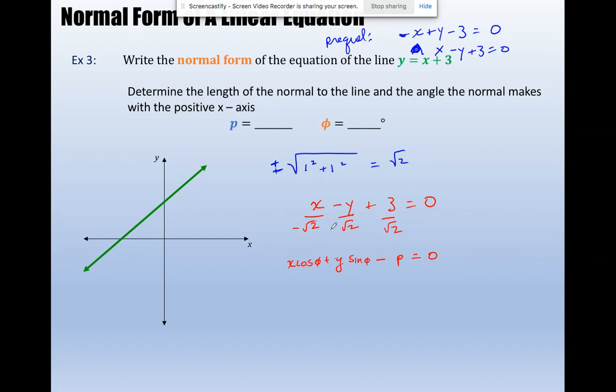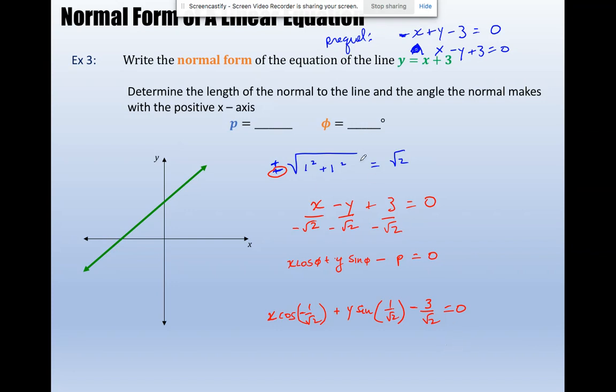So I actually needed to choose my negative this time. So what do I have? x cosine negative 1 over root 2 plus y sine positive 1 over root 2 minus 3 over root 2 is equal to 0.